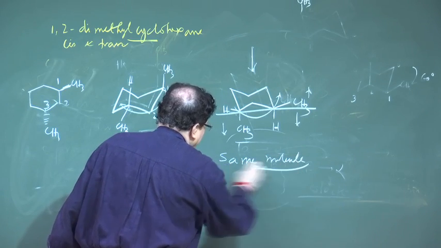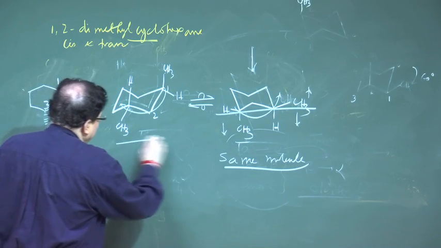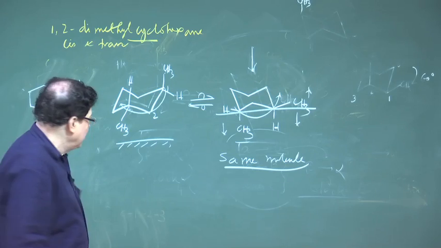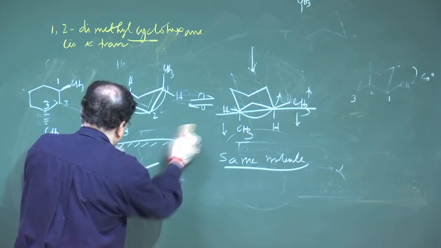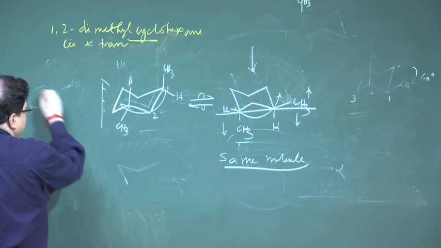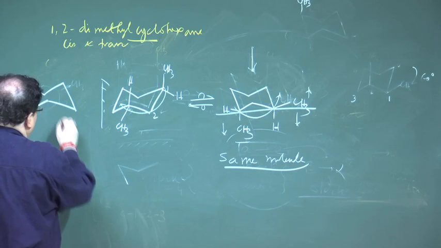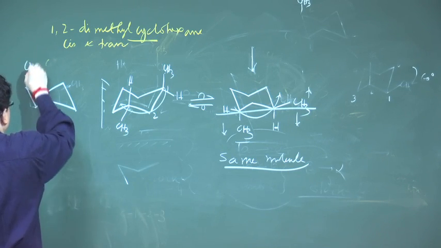That these 2 are same molecules. So, flipping here does not give the mirror image. So, then you take the mirror image, as the next question is whether it is chiral or not. Suppose I take the mirror image this way. So, I get this, the methyl is here and this methyl is here.